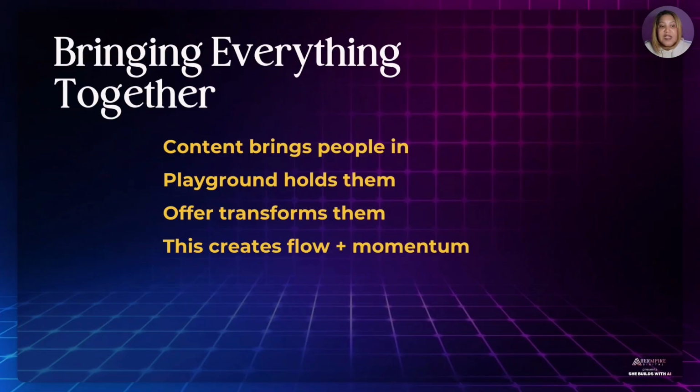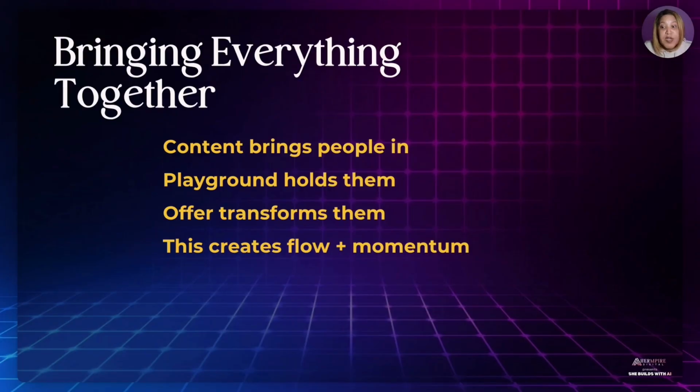Now, bringing everything together, here's how it all fits. Your content is what brings people in, because you're putting that content out on the platform. The platform then guides the people into your playground. Your playground is the place that holds them. Okay, they're inside now, and it's holding them there.